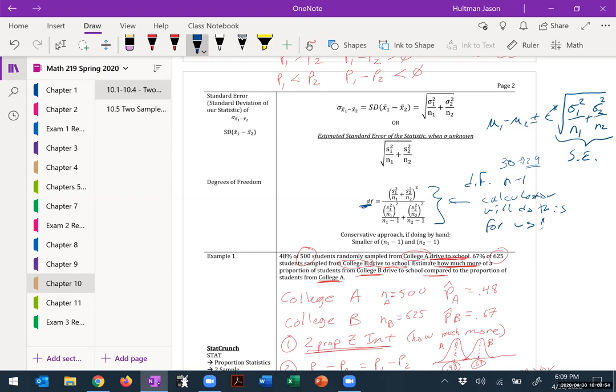This would be a half-hour problem each if I tried to just get the degrees of freedom. So we're going to let the calculator get the degrees of freedom and the standard error. By getting the degrees of freedom, we're going to let the calculator also calculate t star. It is able to do all of those.